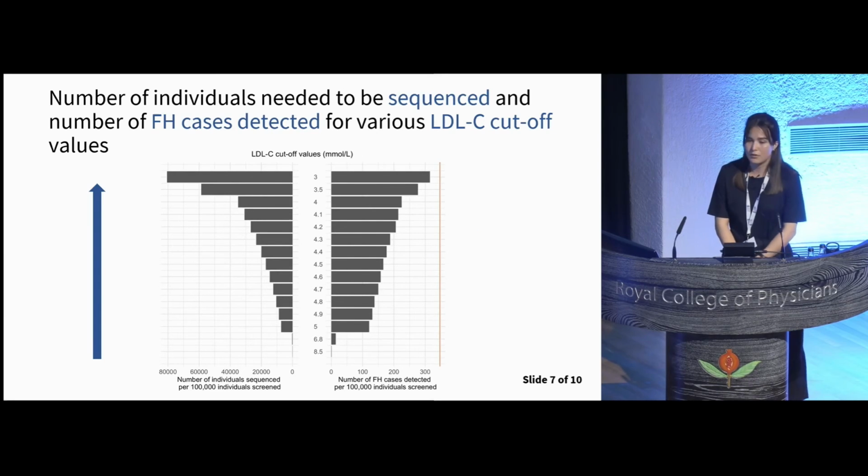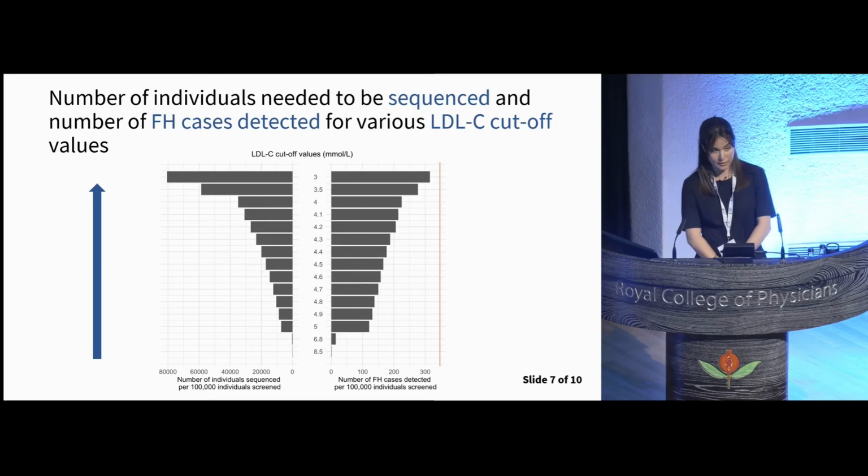As you can see, the lower the LDL cholesterol threshold value applied, the more individuals are sent for sequencing in stage 2 due to a higher number of false positive cases detected. But we also detect more FH cases, and equally fewer FH cases are missed.